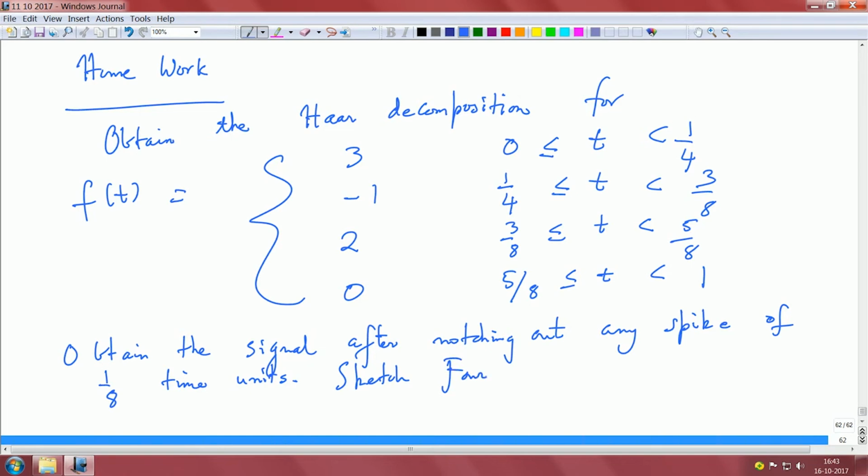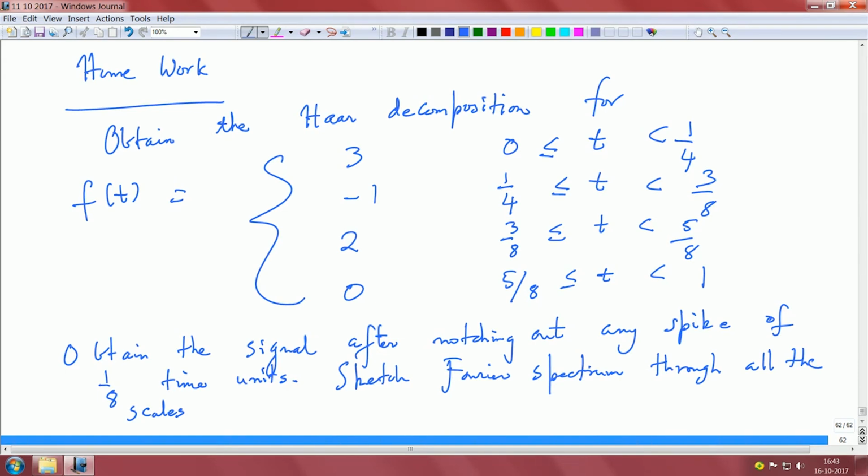Sketch the Fourier spectrum through all these scales. Okay, so you have a signal here, and perhaps for the signal any spike of 1/8 time step is noise.